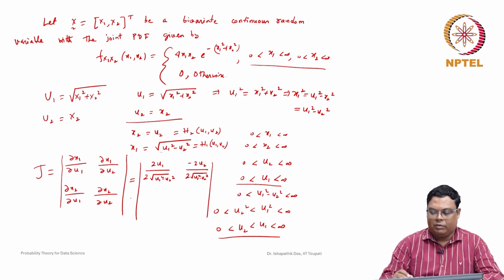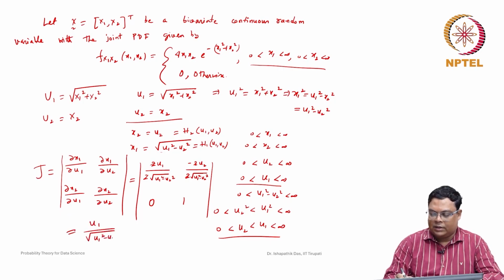Then del x2 del u1 will be 0, and del x2 del u2 will be equal to 1. So we can cancel these terms, and the determinant will be nothing but u1 by root over of u1 square minus u2 square.